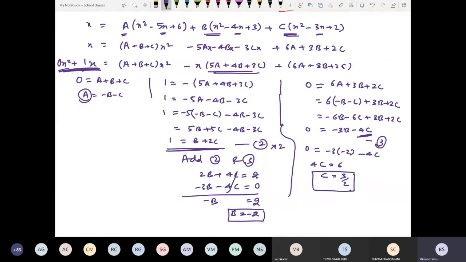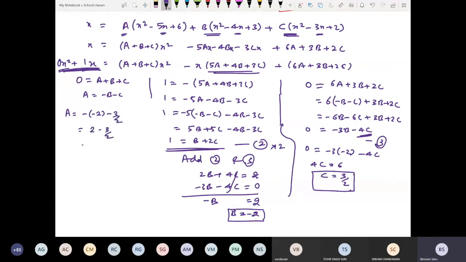We know the values of B and C, so we can put them here and get the value of A also. A is nothing but minus B minus C. B is minus 2, C is 3 by 2.